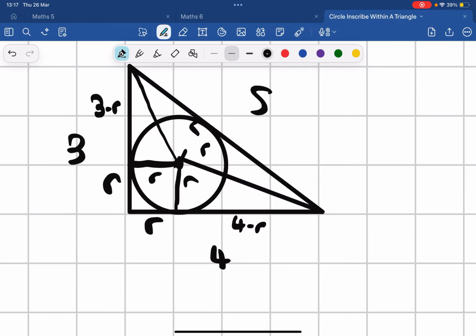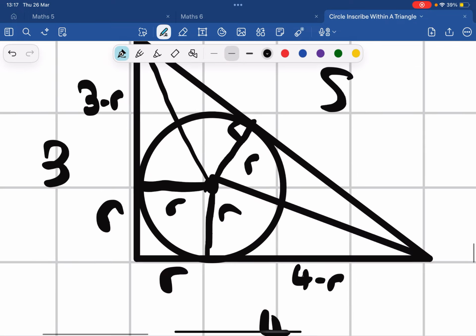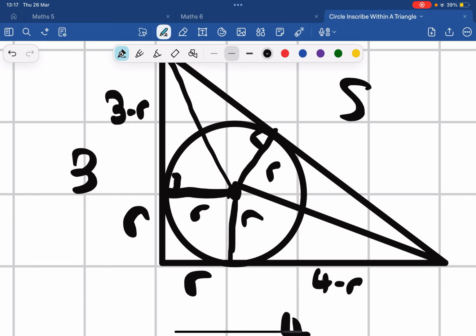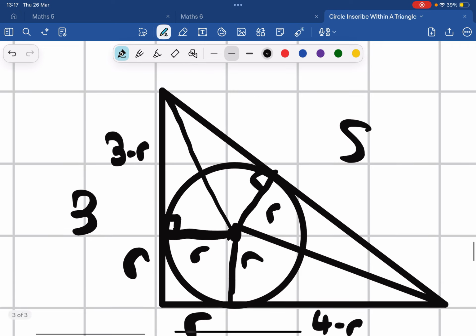We see here that these two triangles, so we've got one there and another here, are just the same. Why is that? Well, we have a right angle here, so that's our angle. We have both r, and they share 2 side lengths.